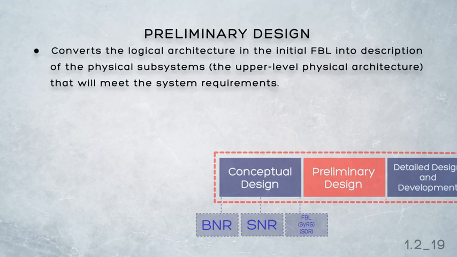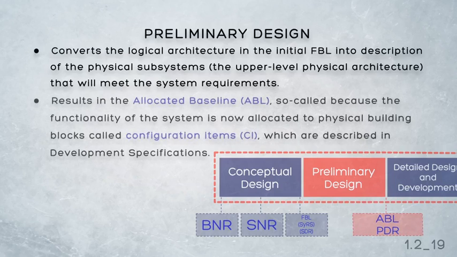The result of preliminary design is a subsystem level design known as the allocated baseline. It's called allocated because we have grouped logically the functions in the functional baseline into subsystem level physical groupings, which we call configuration items. The sum of all those configuration items is the upper level physical design of the system.